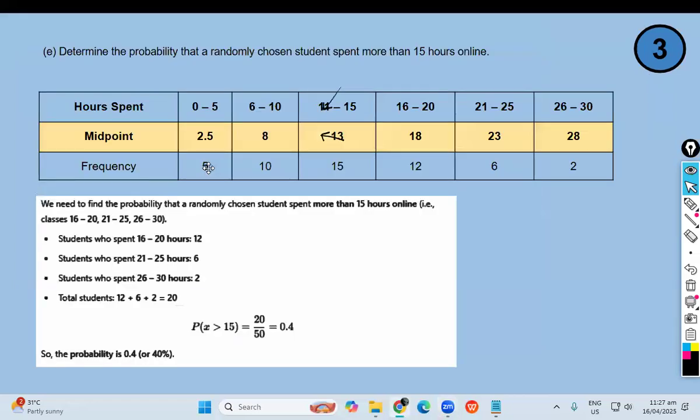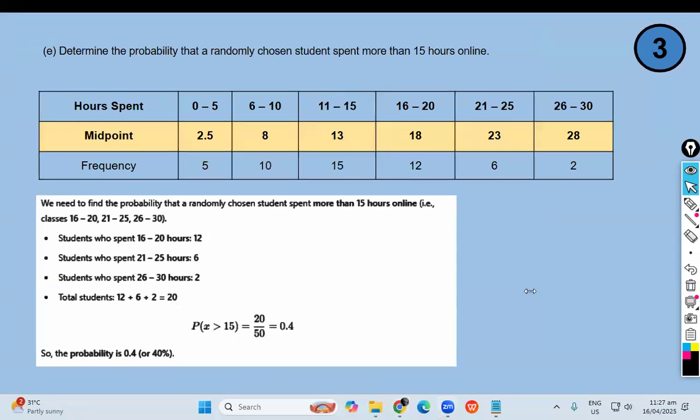Determine the probability. Was anybody able to get the probability as 0.4? Now look at this here. Remember, probability is what you care about divided by the total.